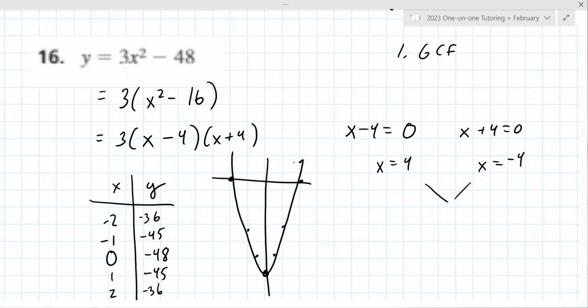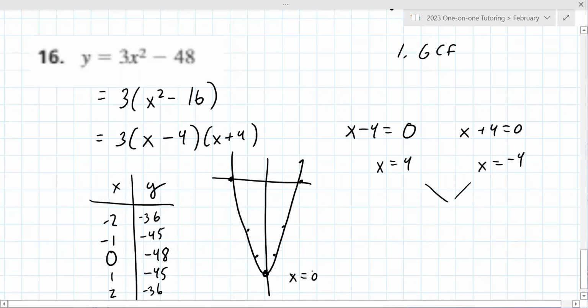And then the axis of symmetry equals x equals 0. That's right. So then the vertex equals (0, negative 48). Okay, very good.